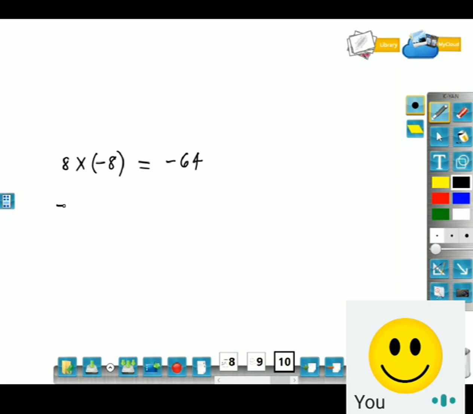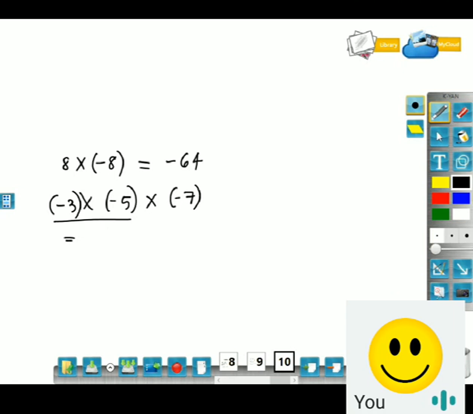Take another one: minus 3 into minus 5 into minus 7. Here we have three negative integers. First you multiply the first two numbers, minus 3 into minus 5. Both are negative, so the answer will come in positive.